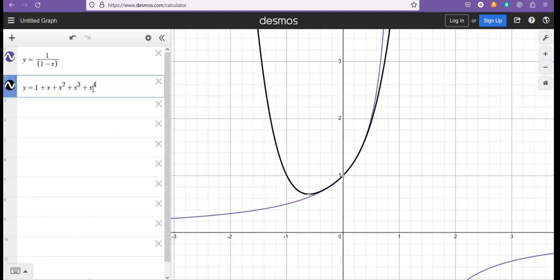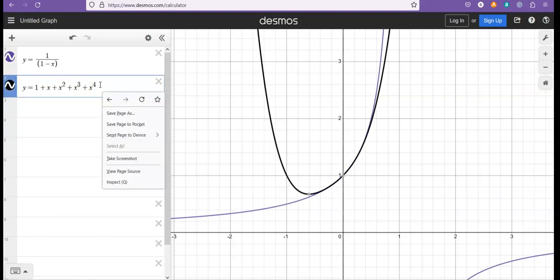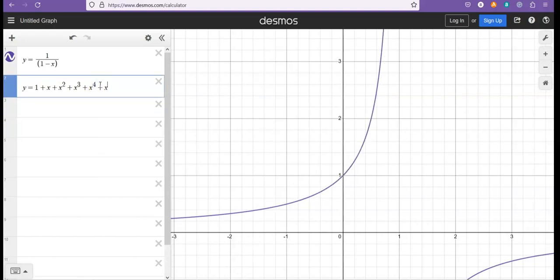Outside of that interval, this is absolutely worthless. This polynomial is absolutely worthless for approximating this function outside of that interval from -1 to 1. But as we add more and more terms from -1 to 1, it gets to be a better and better approximation of this function, and on the interval of convergence from -1 to 1, it becomes identical to the function as we add more and more terms.